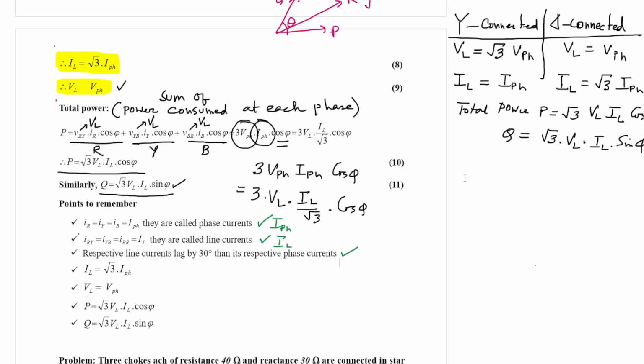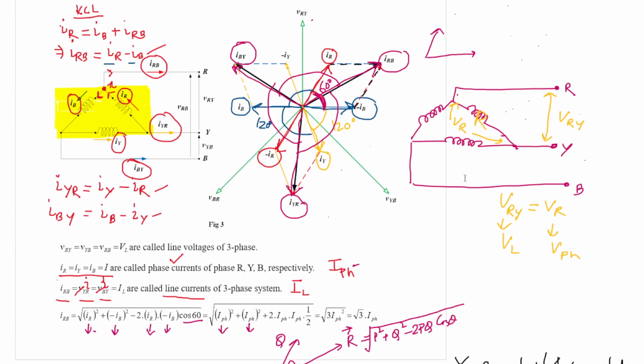It is very true, as you see. Let us say this phasor is IRB, and this phasor is IR.